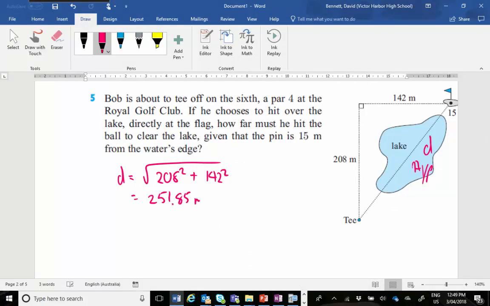And if we take away the 15 metres, that's going to give us a distance of 236.85 metres, which is how far they must carry the ball in order to not be in the lake.